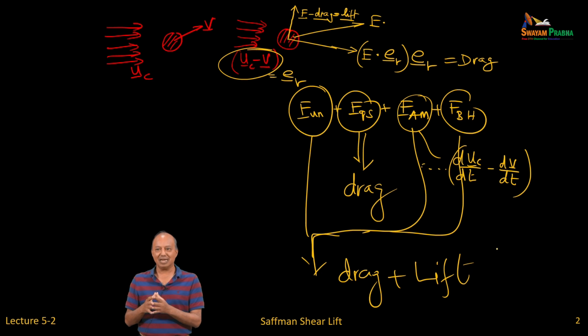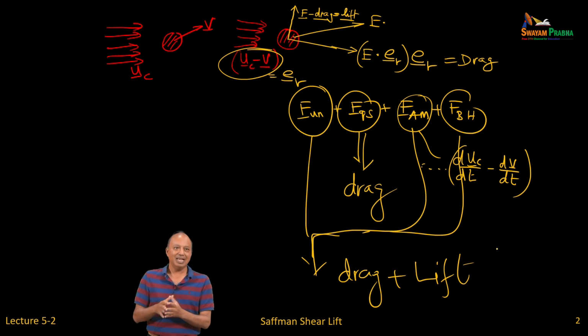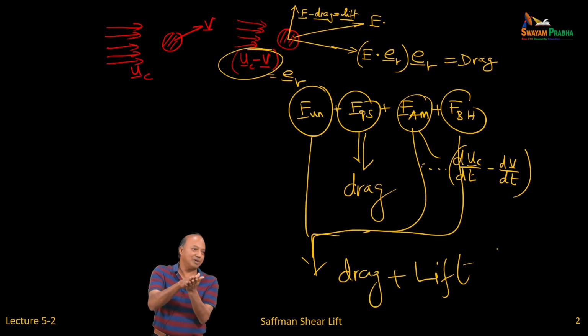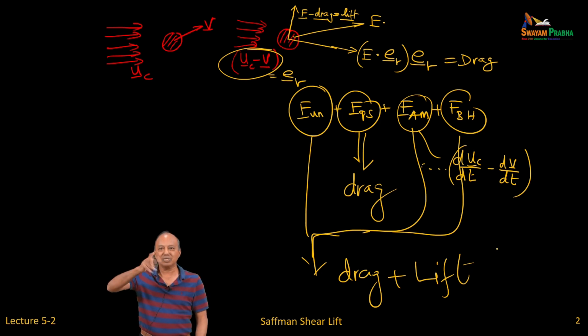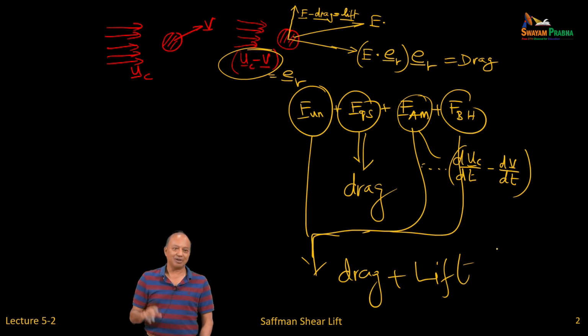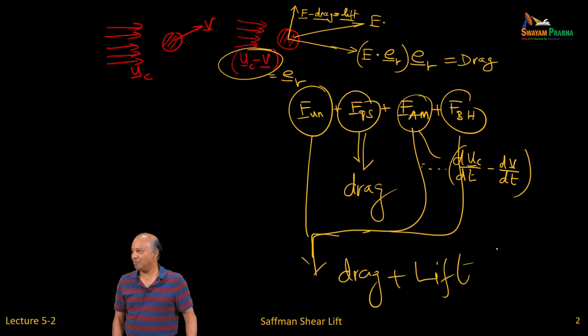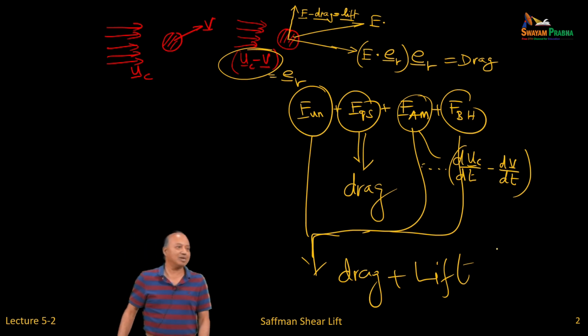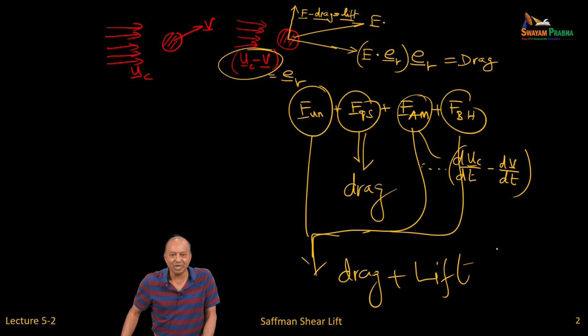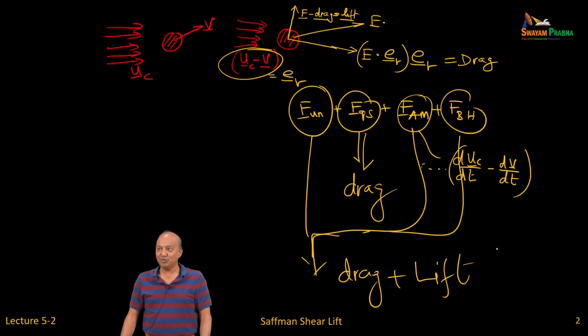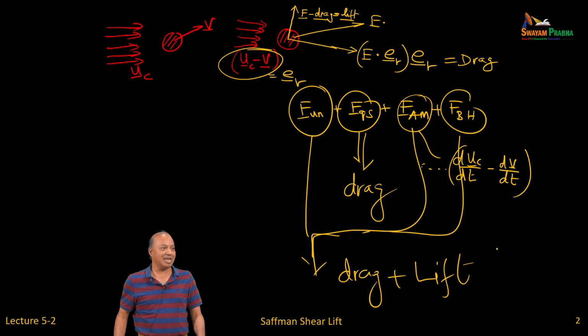I am going to talk about a slightly different lift. What happens when there is a shear flow or when the ball is spinning? There are two kinds of lift forces I want to talk about, which are shear-induced lift and rotation-induced lift. Those are over and above all these things that I have written. So, they are extra, like a bonus.